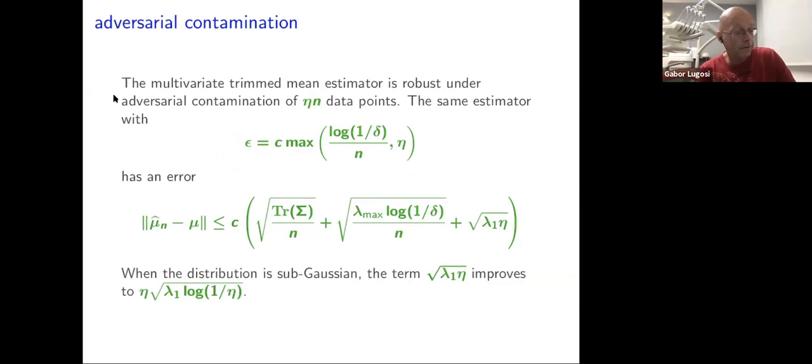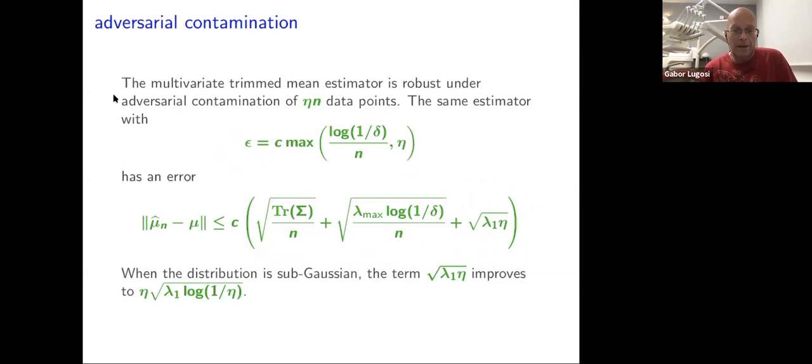And then we have an error which has the sub-Gaussian term and the term that depends now on the largest eigenvalue of the covariance matrix. So there's the worst one-dimensional direction. So this is clearly necessary.